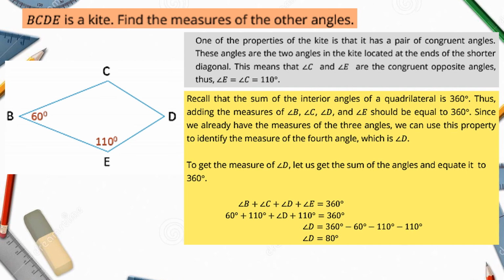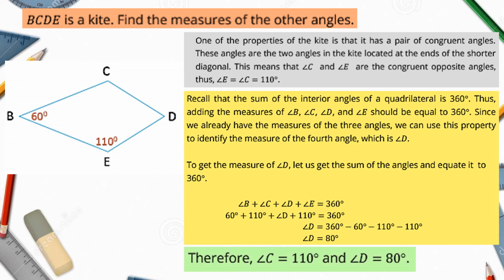So, ibig sabihin, alam na natin ang B, ang C, at ang E. Pagsama-samahin natin sila at ibawas natin kay 360 para makuha natin ang value ng D. So, we have 360 degrees minus 60 degrees para kay angle B, minus 110 degrees para kay angle E, at 110 degrees then para kay angle C. So, we have angle D is equal to 80 degrees. So, to summarize, we have angle C is equal to 110 degrees and angle D is equal to 80 degrees.